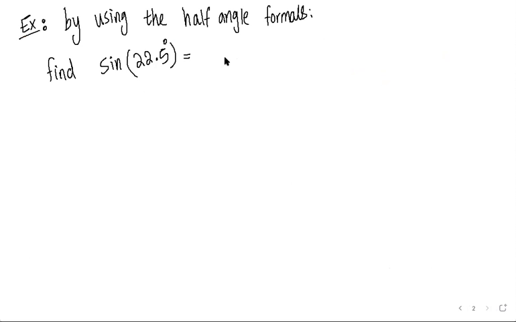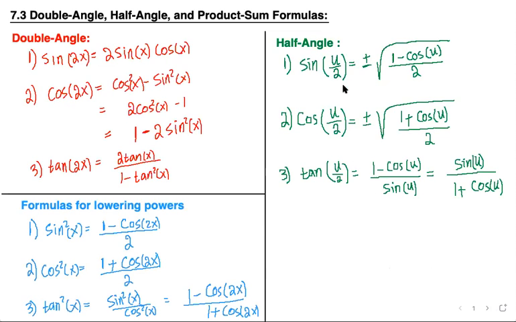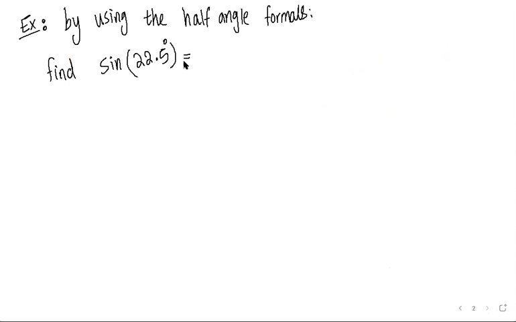Which formula? The sine u over 2 formula. But here we don't have over 2. So in this case, u would be 45. U over 2 is 22 and a half, right? Exactly. So this is equal to sine of 45 over 2. 45 over 2 is 22.5.